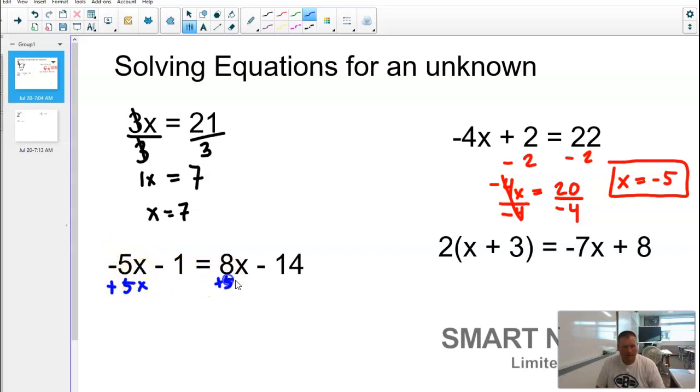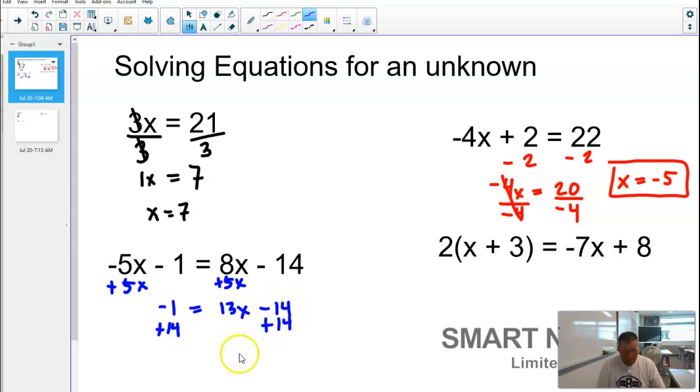Then I add 5x over here, and I'll be left with -1 equals 13x minus 14. Then I need to move my number over to the other number and get it with its like term, so I'm going to add the 14.